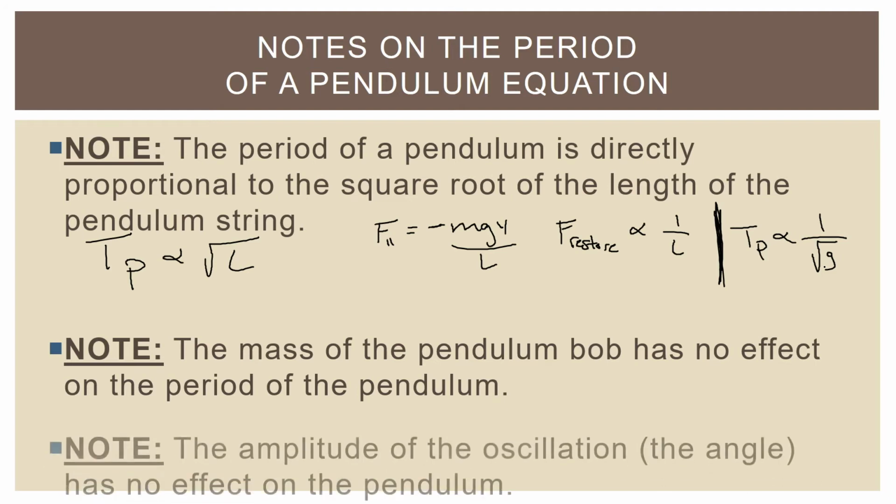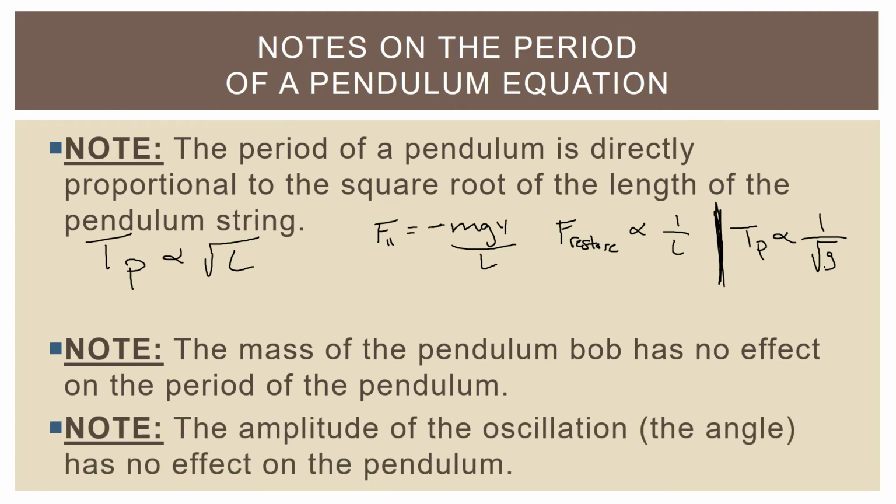What we should also say is, notice, theta is not present in the equation, so the amplitude of the oscillation has no effect on the pendulum's period. And I just wrote pendulum here, so I should probably write pendulum's period just to finish that up, because that's a really similar idea to what's going on with the spring. You have this issue where you have, yes, maybe a different size restoring force acting on the thing when it's raised to a different amplitude, but the point is it's got to travel more distance too.